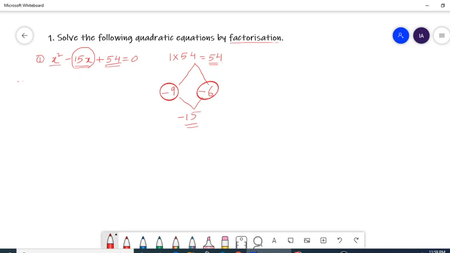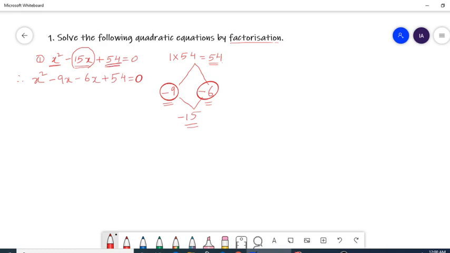So this can be written as x square, that is your first term. Instead of this minus 15x, that is the middle term, I'll substitute minus 9x and minus 6x. And the last term will remain the same, that is plus 54.